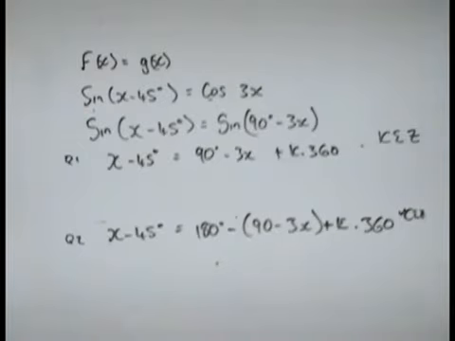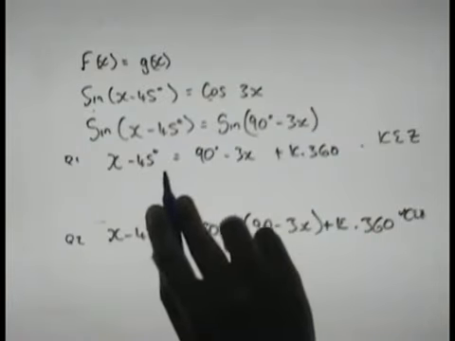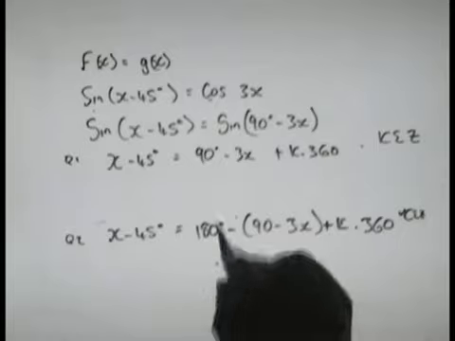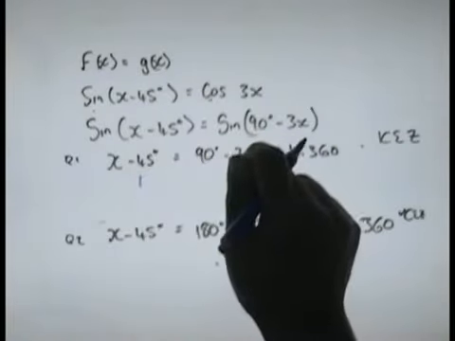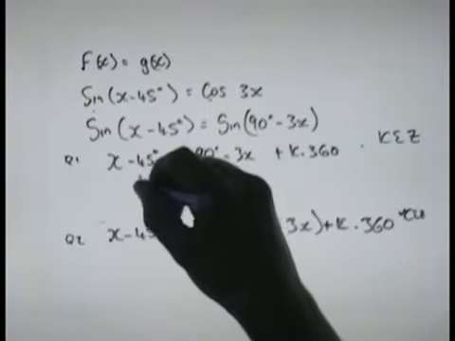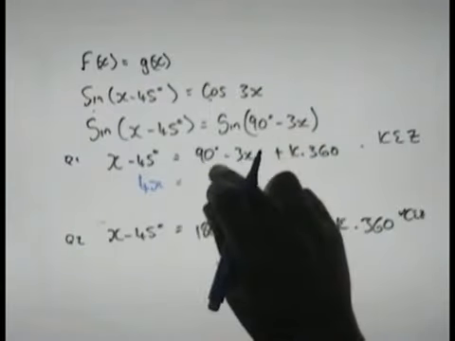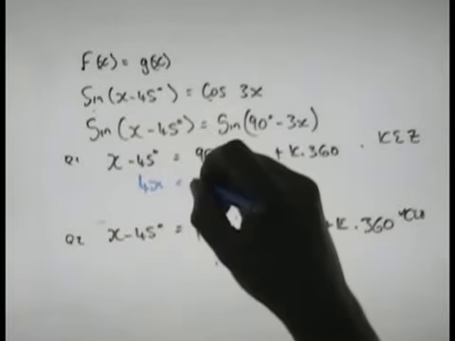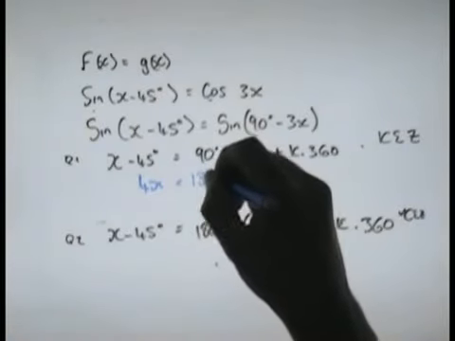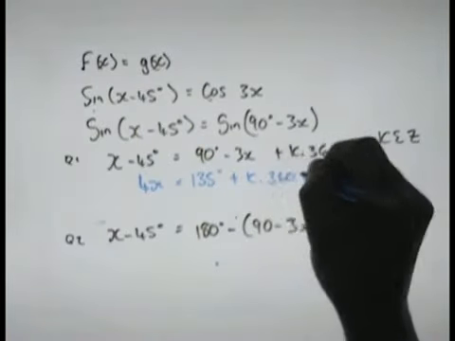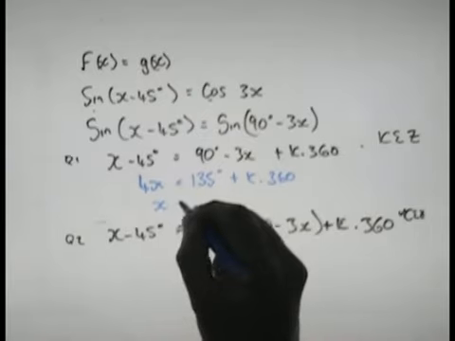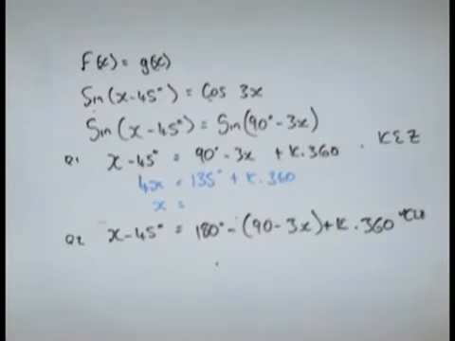The quadrant 1 solution is going to read x minus 45 degrees is equal to 90 minus 3x. Take the minus 3x across, it becomes 3x plus x, which is 4x, is equal to 90 degrees plus 45 degrees, which is equal to 135 degrees, plus k times 360, which means that x is equal to 135 degrees divided by 4.